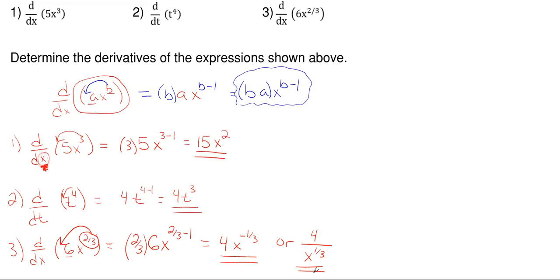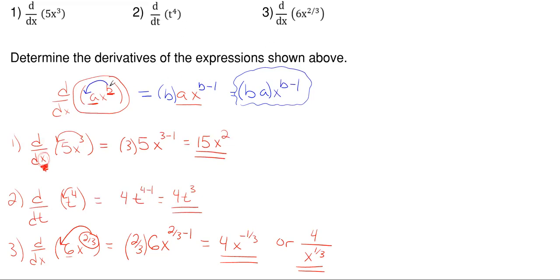It does not matter. This was overall demonstrating that it does not matter what your a value is, your constant, or what power you are to. It will follow this nice, easy format of copying your constant with your variable. This time it's x, the second one it was t, and the third one it was x again.